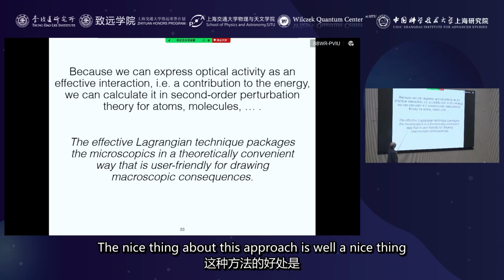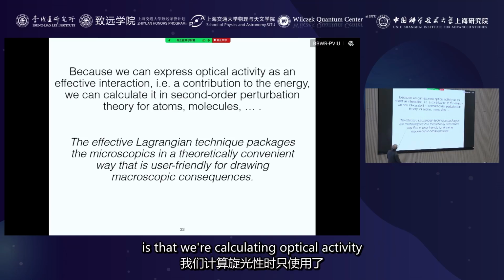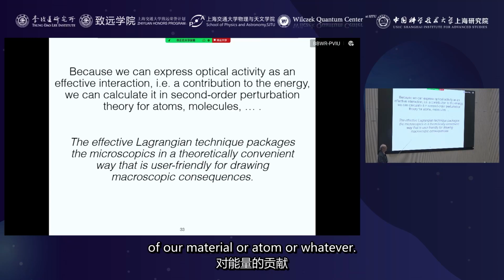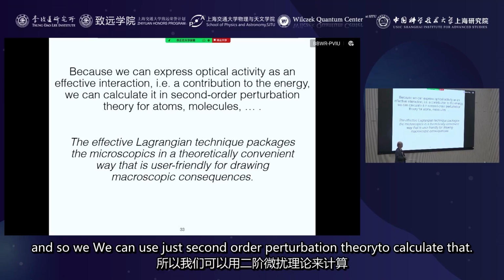The nice thing about this approach is that we're calculating optical activity from an effective Lagrangian, which is just a contribution to the energy of our material or atom or whatever. And so we can use just second order perturbation theory to calculate that.